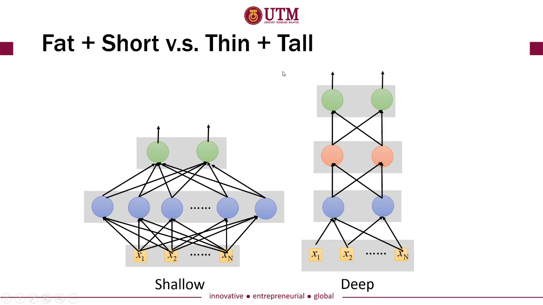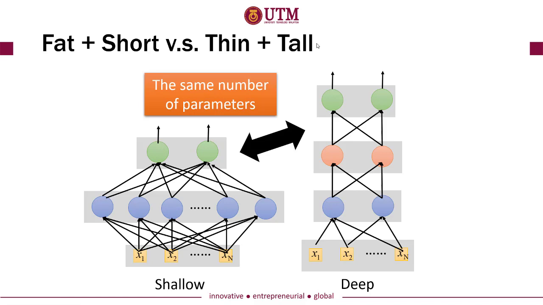Now let's see what actually happens in terms of performance if you compare this shallow network and this deep neural network. Assume that you have the same number of parameters, meaning the number of W in both architectures is similar.